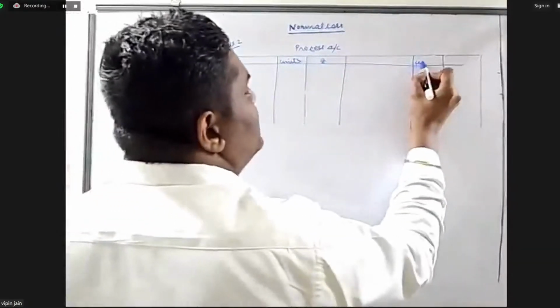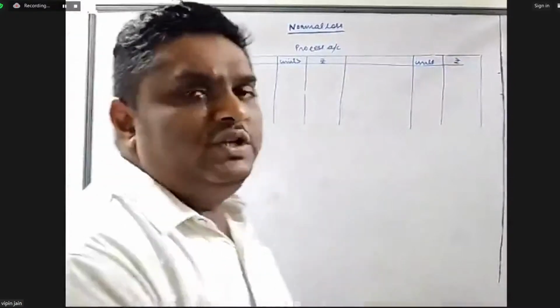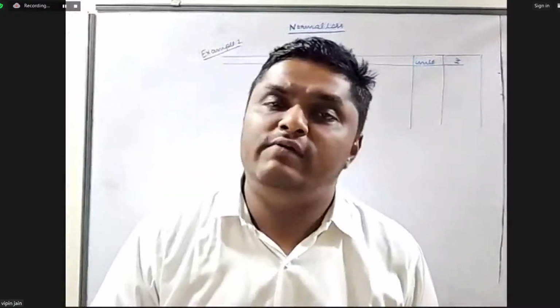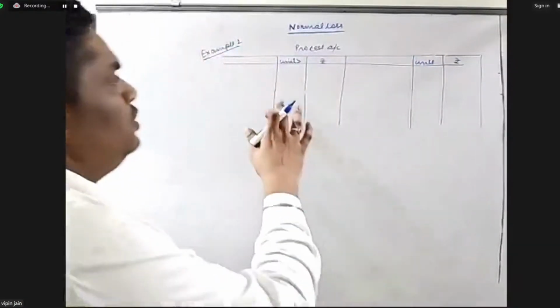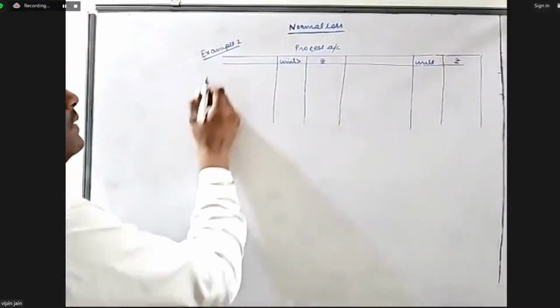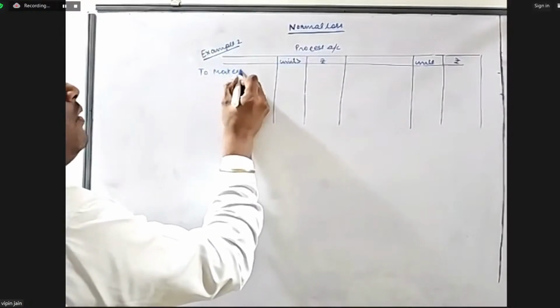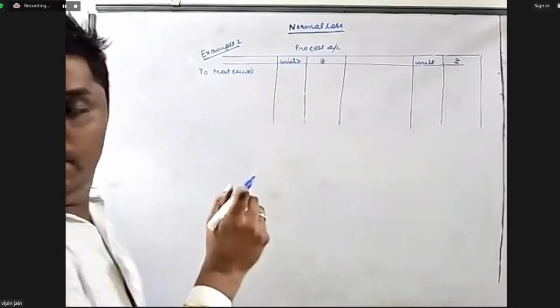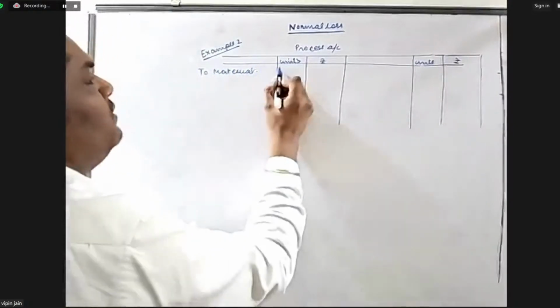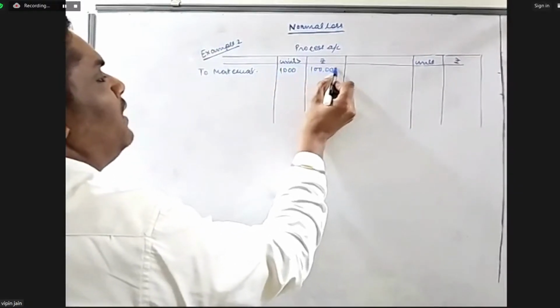Since the information relating to normal loss is given in the question, we will be preparing units and amount columns on both sides. To input, or we can say material, 1000 units and the total cost is 1 lakh.